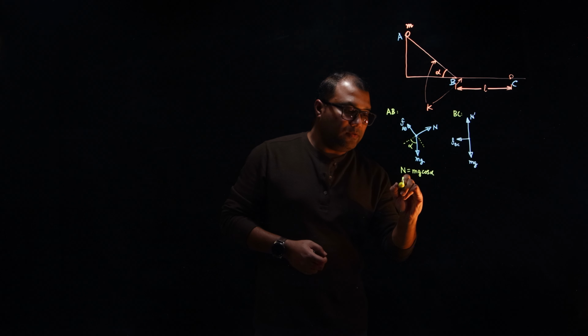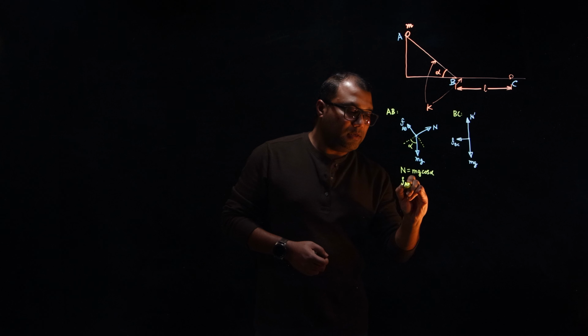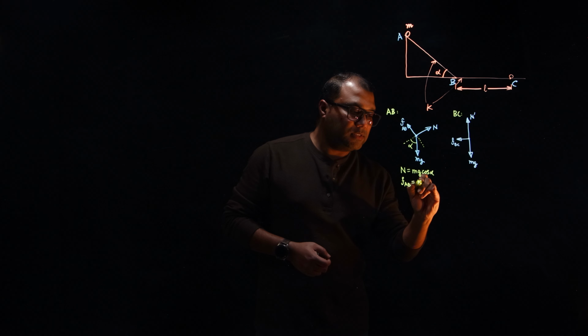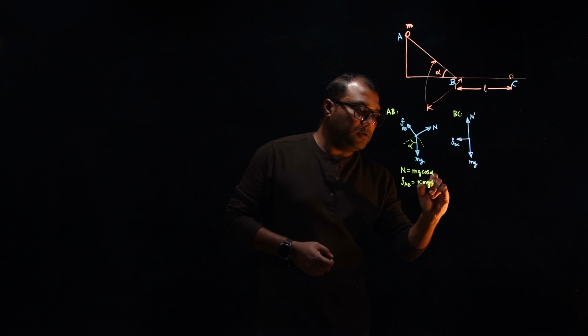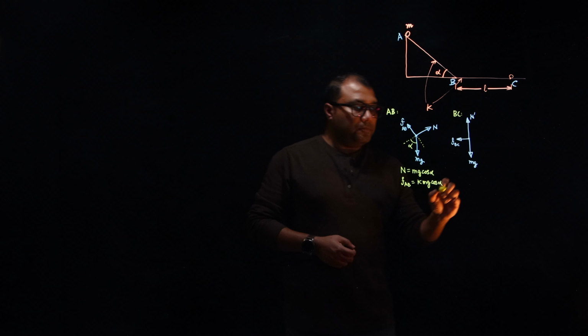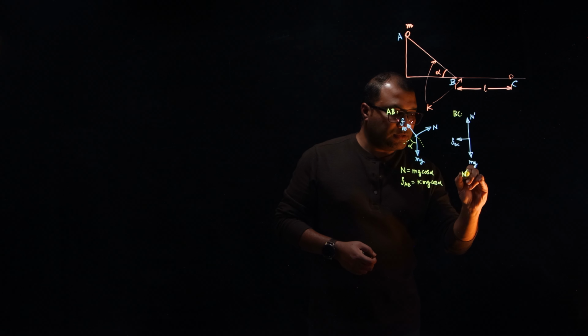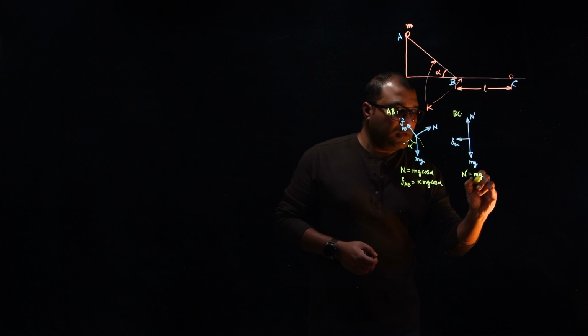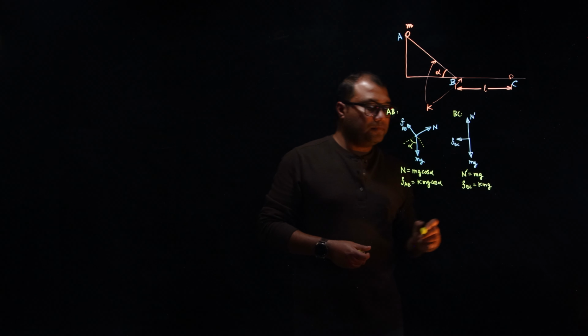Therefore friction force AB is KN, so it is Kmg cos alpha. From here we can write N dashed is equal to mg, so friction force BC is Kmg in this case.